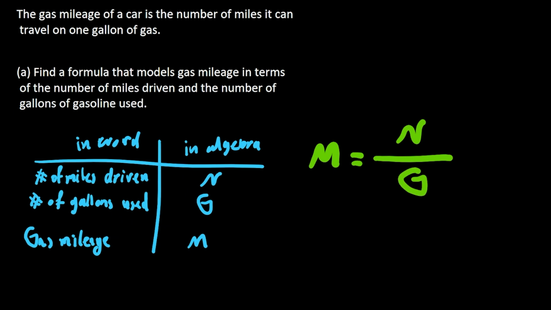So M is the gas mileage, N is the number of miles driven, and G is the number of gallons used. And this is part A. Let's see part B. Henry's car used 10.5 gallons to drive 230 miles.